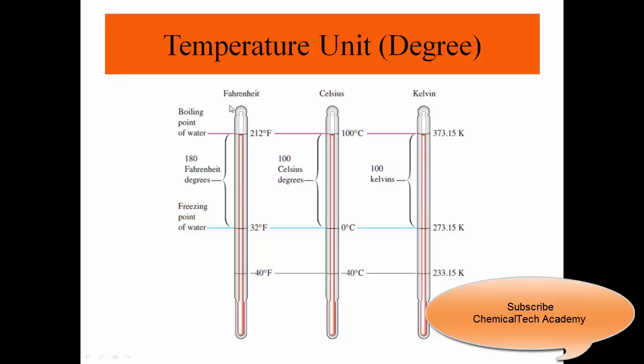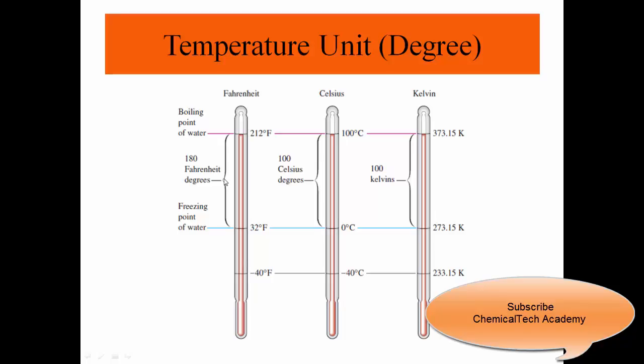So let's take a look at Fahrenheit. Here in Fahrenheit, the freezing point of water is 32 degrees Fahrenheit, and the boiling point temperature of water is 212 degrees Fahrenheit. So the difference here is 212 minus 32, which is 180 Fahrenheit degrees. If you compare it with the other two, we have 100 Celsius degrees, 100 Kelvin, but for Fahrenheit we have 180 Fahrenheit degrees.